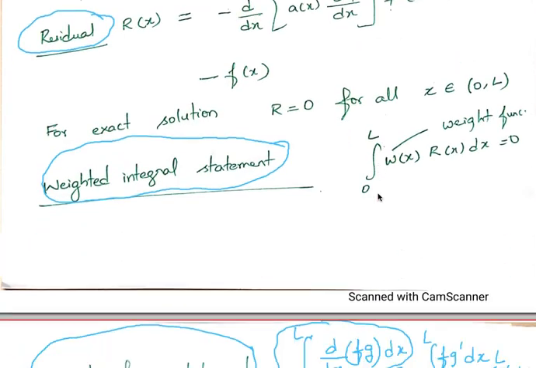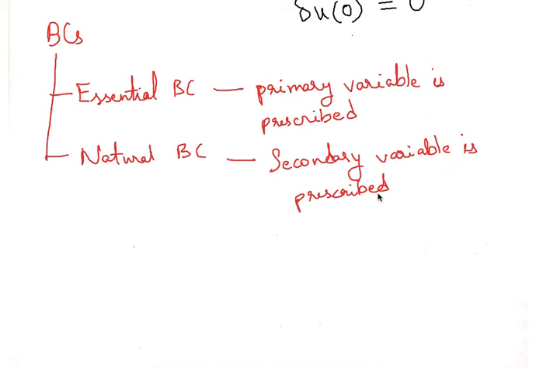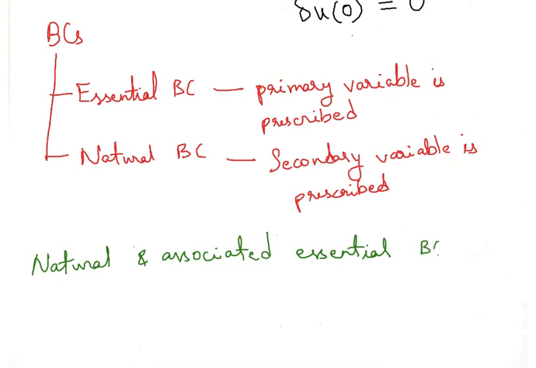Now, there is one more very important point as far as boundary conditions are concerned: natural and associated essential boundary conditions are mutually exclusive.